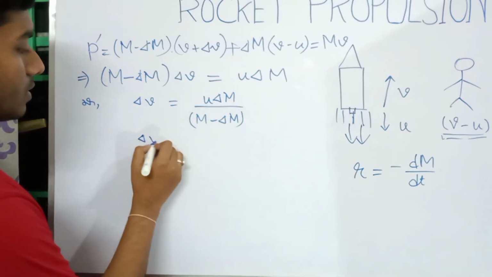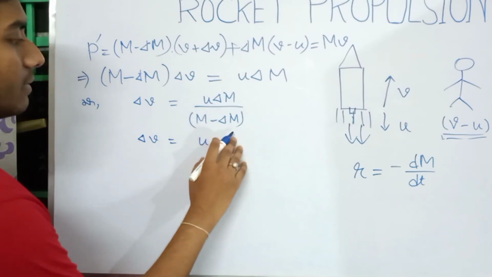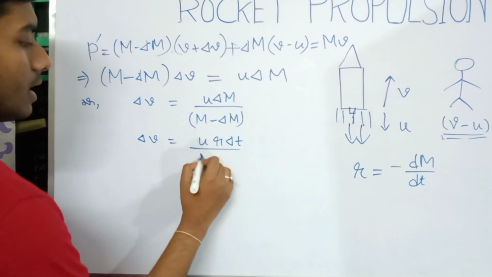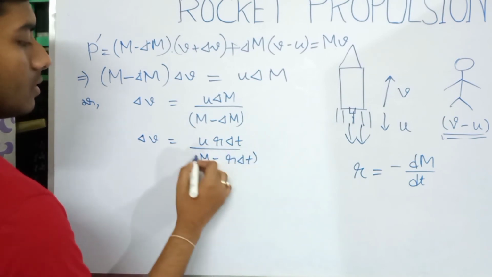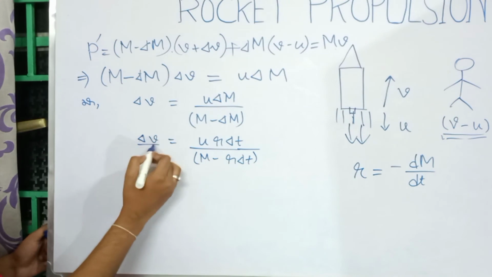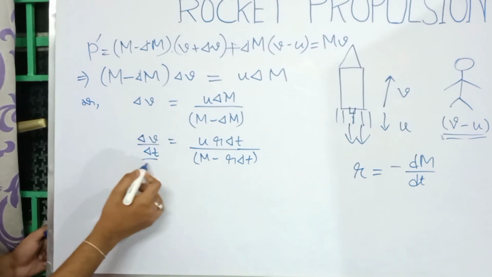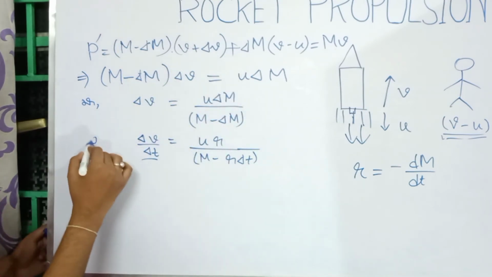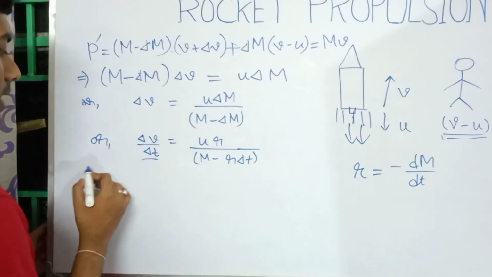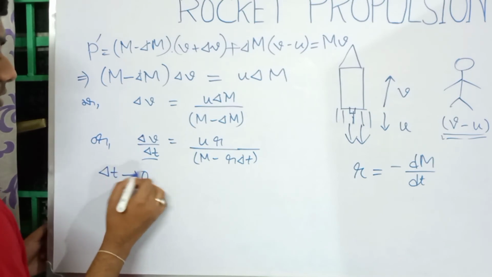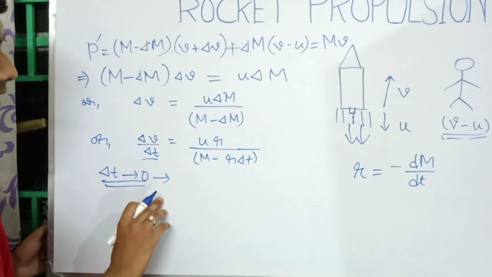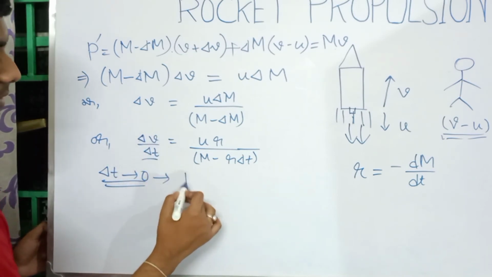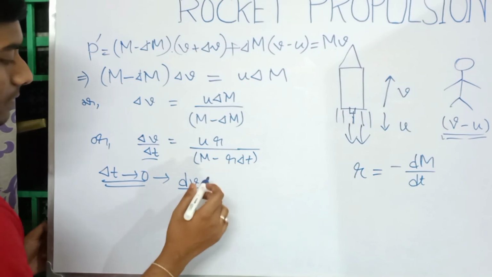So del v equals u, and del m is equal to r del t, over m minus r del t. If we divide this expression by del t, the del t will be cancelled out. And if del t tends to 0, from the concept of differentiation, del v by del t will become dv by dt, that is the derivative.